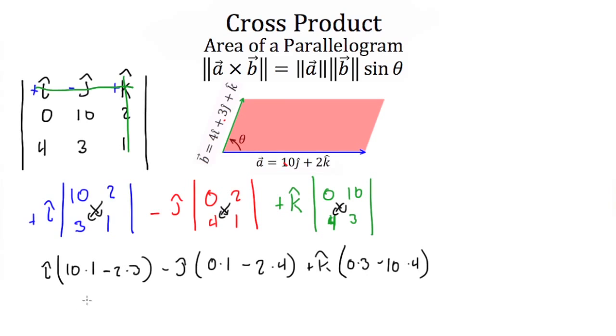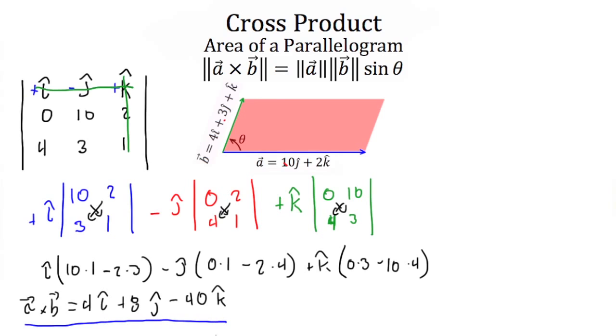This is a 4i. 0 times 1 is 0. 2 times 4 is 8, so I have a minus 8 and a minus j. That's a positive 8j. 0 times 3 is 0. 10 times 4 is 40, but we're subtracting it, so this is a minus 40k. So this is my cross product.